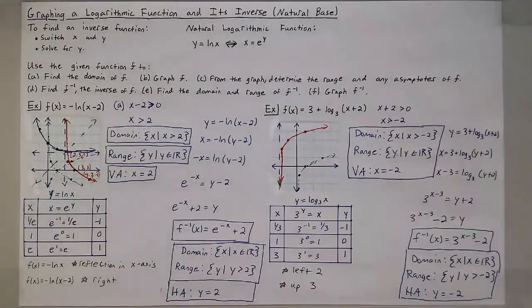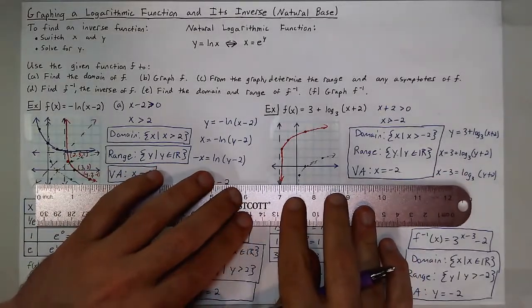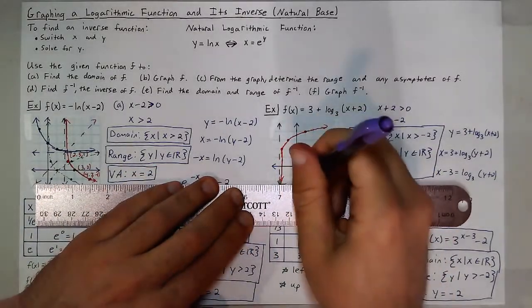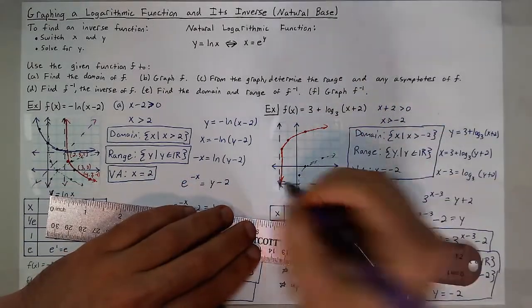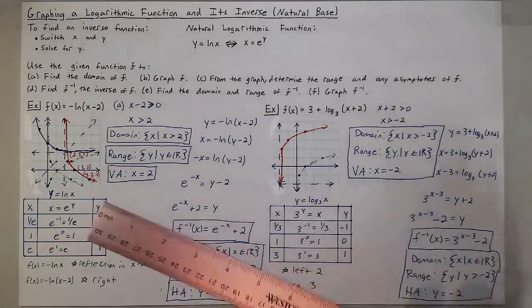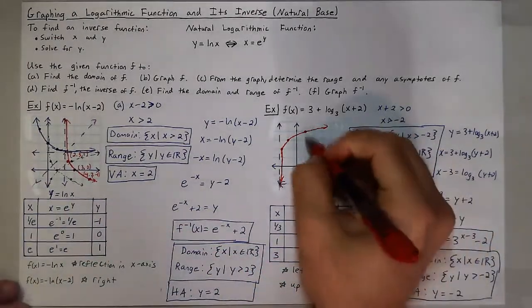So I'm swapping the y for everything with this inverse function. And then to graph it, I'll swap the locations of all the x's and the y's. And I'm also going to graph my horizontal asymptote to start. And swap in all the points. The point right here is at 1, 4.